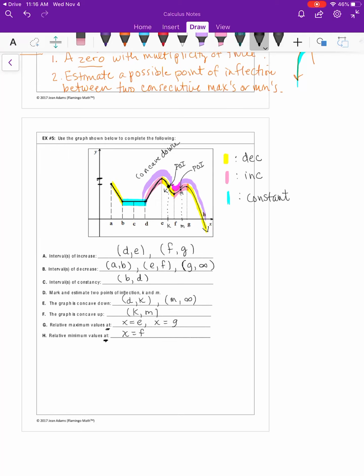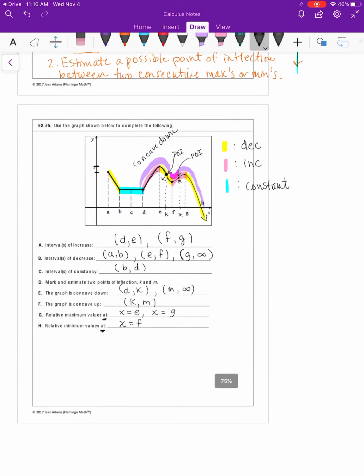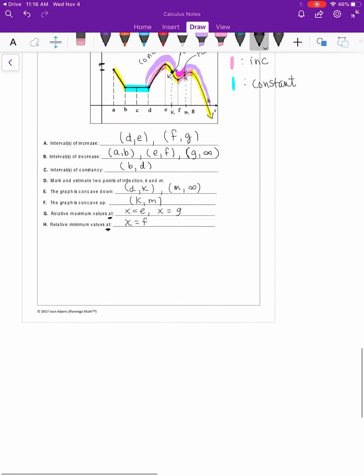All right, so I want to do this example number 6 because this was the end of our notes, okay? Of course, there were a few examples that were added, and actually they were all good, but you don't absolutely need them yet.